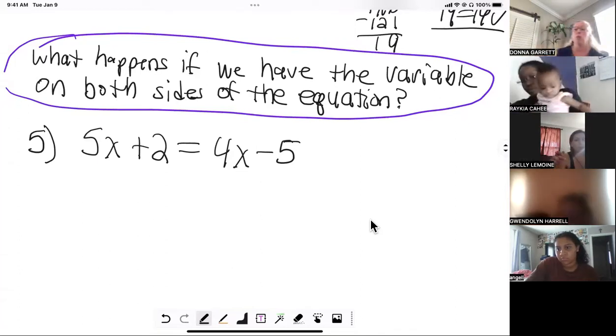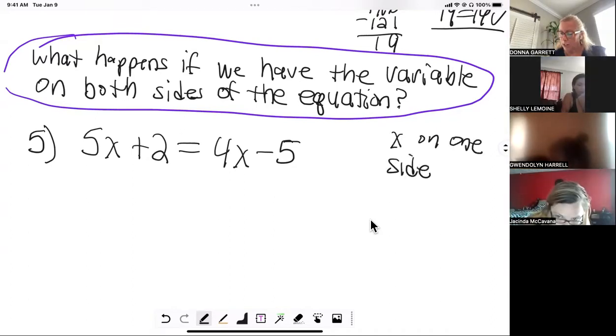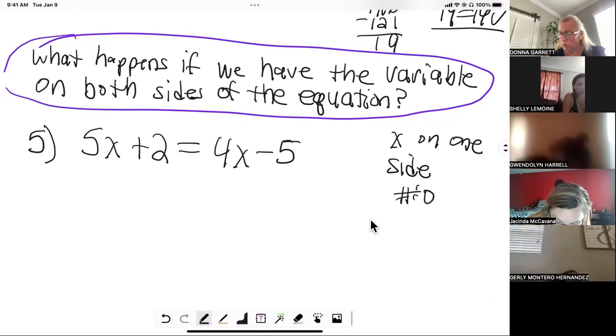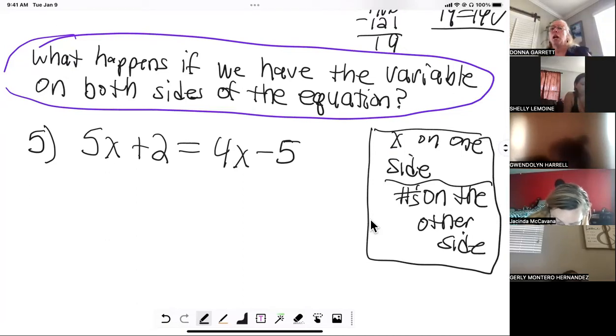Okay, so what you have to do, if you want to stay and see how to do this, is you have to get x on one side. So basically what you're doing is getting x on one side and your numbers on the other side. You want to separate them: x on one side and your numbers on the other side.